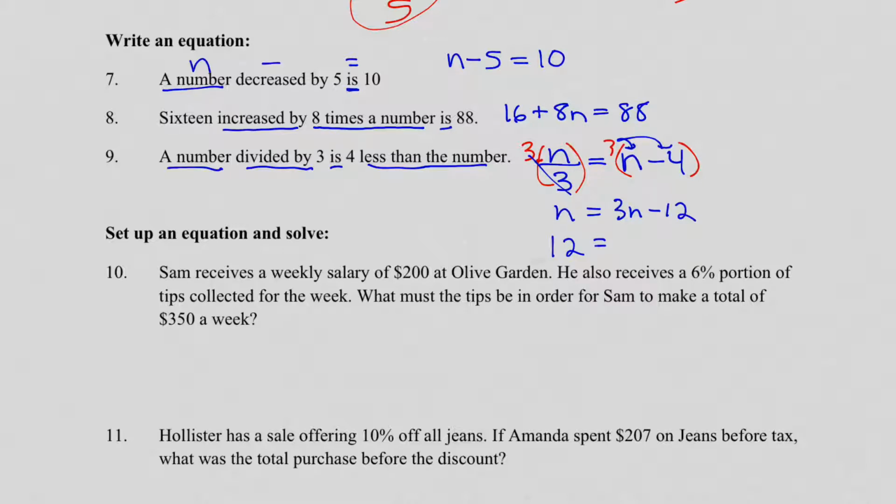And if I move the n to the right, that's going to be 2n. That keeps our variable positive, which you don't have to do this way if you don't want to. But then just by inspection, 2 times 6 is 12, so n equals 6. Or divide both sides by 2.